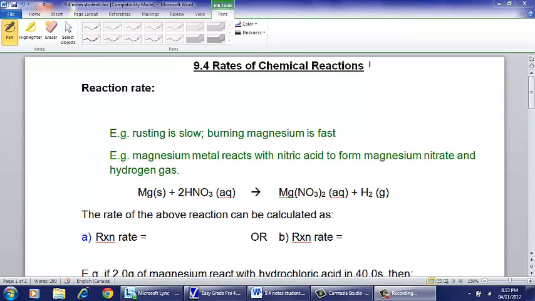In this lesson, we will be looking at the rates of chemical reactions and the factors that can affect reactions.